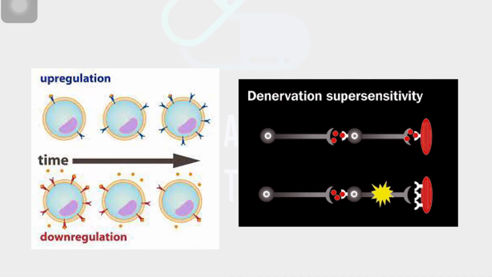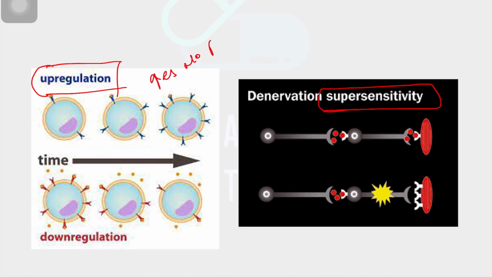The other aspect in receptor regulation is upregulation of the receptors and supersensitivity of the receptors, and it is quite the opposite of down regulation and desensitization. In upregulation there is an increase in the number of receptors, as you can see here.